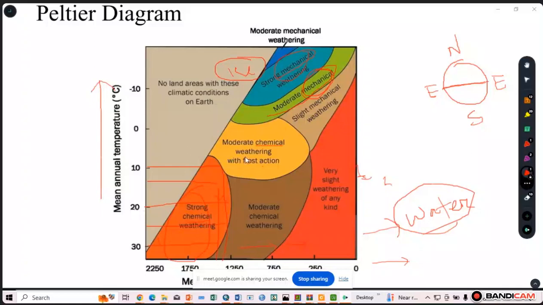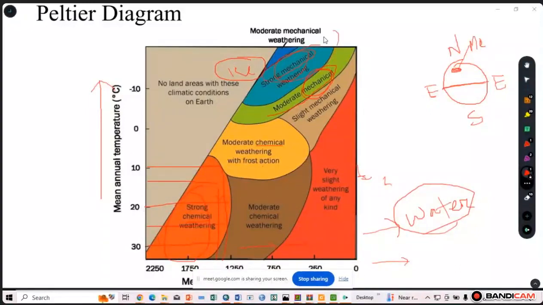That causes this area to be best suited for strong chemical weathering. But when we go to the North Pole and South Pole, what happens in this area? The water freezes. That means the water gets converted into ice. After the conversion into ice, mechanical weathering is most prominent here.